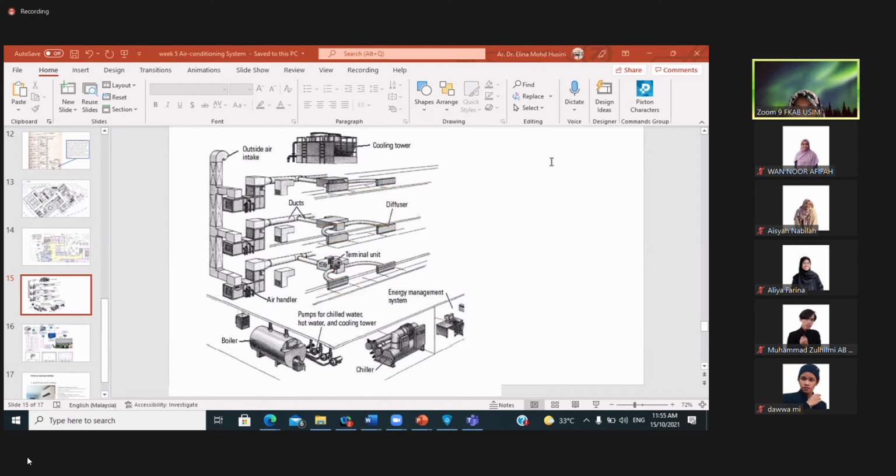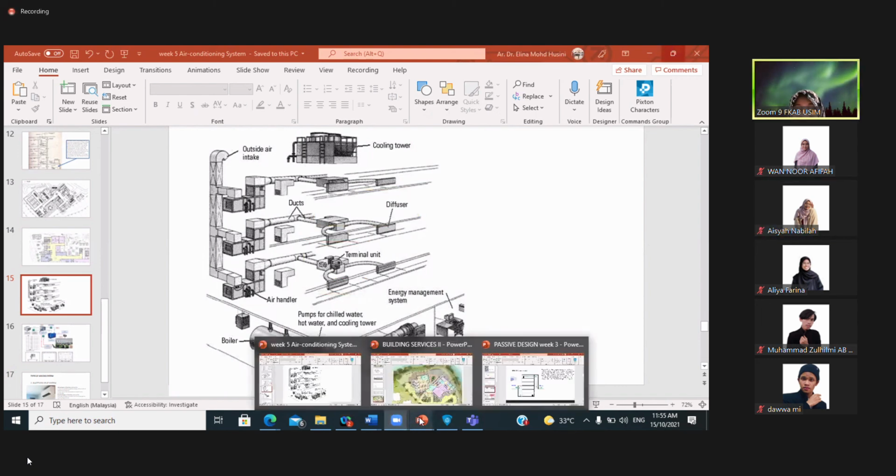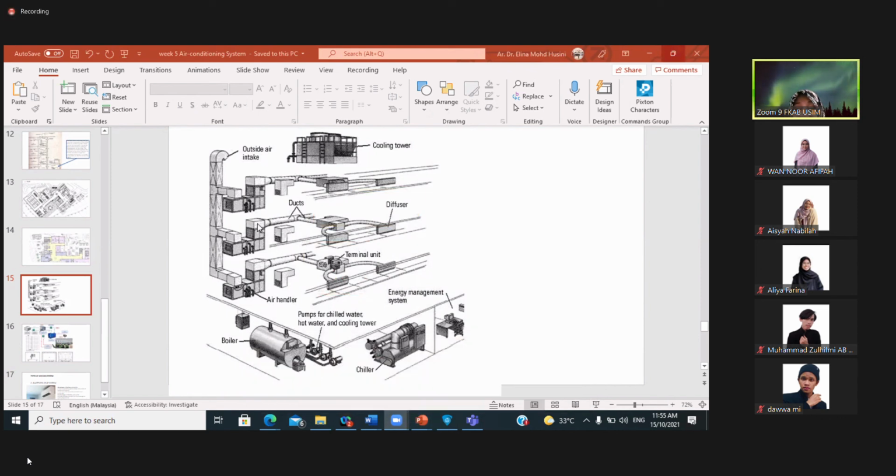Okay Kak Aisyah? Then it will be huge, because the piping is parallel here, so it becomes cheaper. Rather than if Aisyah takes care of this right side, there will be another ducting.